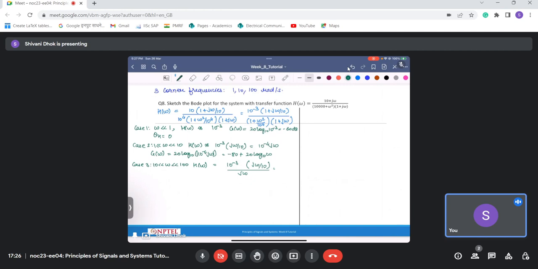So this is equal to minus 40 dB. Okay, so this is equal to basically 10 raised to minus 4. Let me be very precise. This g of omega is equal to minus 80 dB.